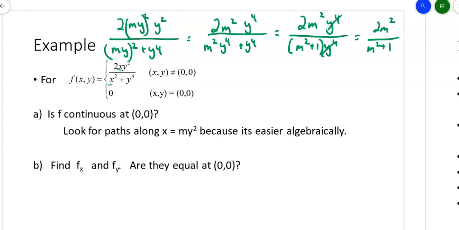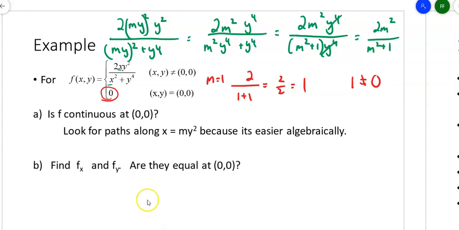So what if m is equal to 1? If m is equal to 1, I get 2 times 1 over 1 squared plus 1. 2 over 2 is 1. 1 is not 0. That's your fact of the day. 1 is not 0. So I tried to fill that in with a 0 for my z value, but look at that, it didn't work.